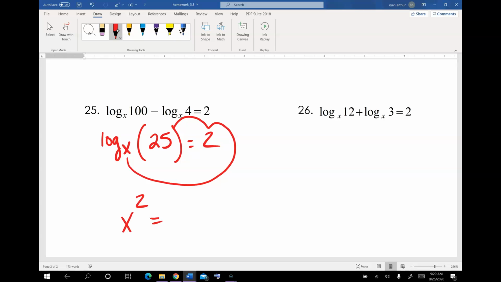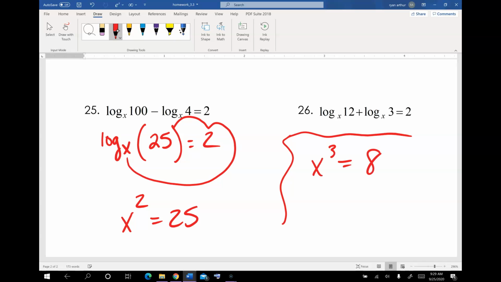X squared equals 25. Now, I know in your head you're like, oh, I know what that is. Okay, but sometimes you won't have a square. You'll have like x to the 9th power. And we've talked about this with solving. Whatever your exponent is, that's the radical you use to cancel it out. So, side note, if you had x cubed equals 8, you would take the cube root of both sides, and that would cancel out, and you would get 2.